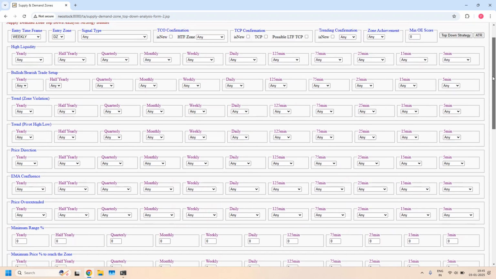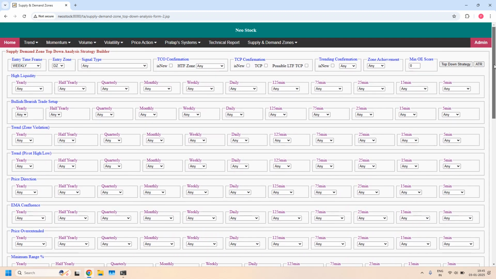Okay. And because weekly zone is part of the monthly zone, the EMA confluence also let us add, so monthly zone having monthly EMA confluence. And trend at monthly time frame, because weekly is part of the monthly, that's why monthly zone trend should not be sideways, it can be up or down.